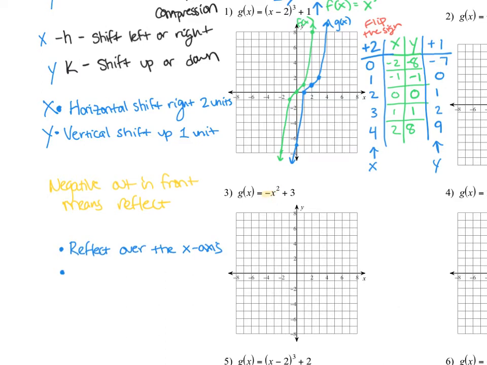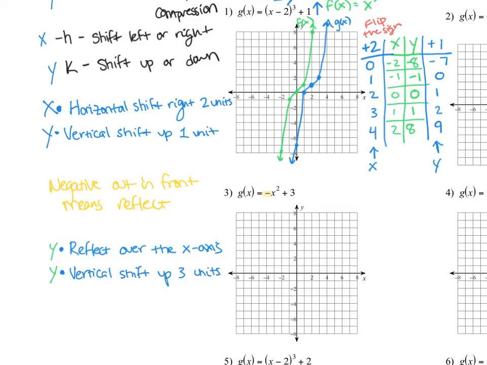Since it's not inside a parentheses like that -2 was up here, that's going to be our k value. So we have a vertical shift up 3 units. So we're reflecting over the x-axis, and we have a vertical shift up 3 units. So these are all things that affect our y values.